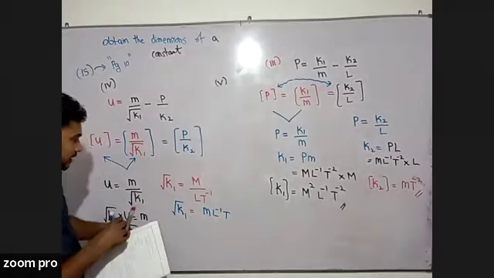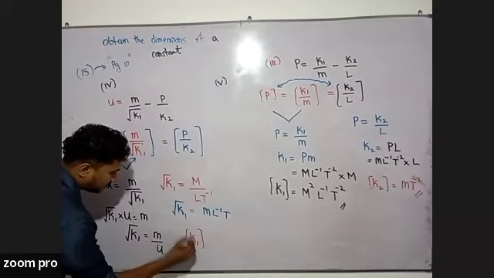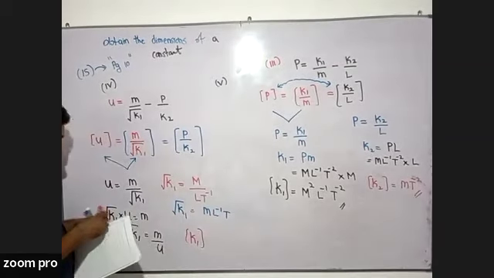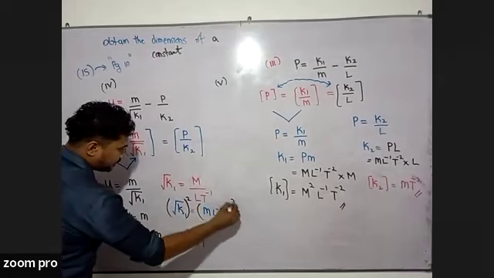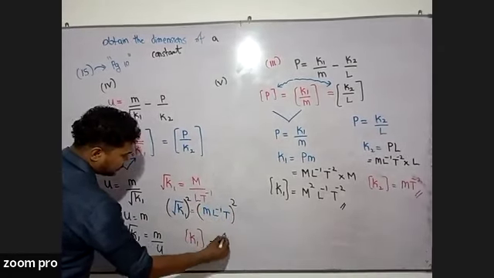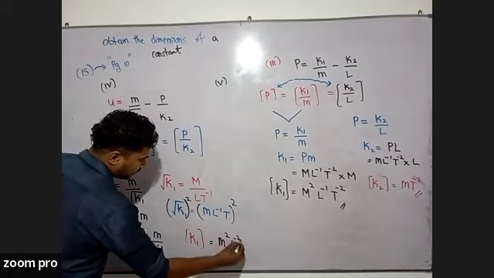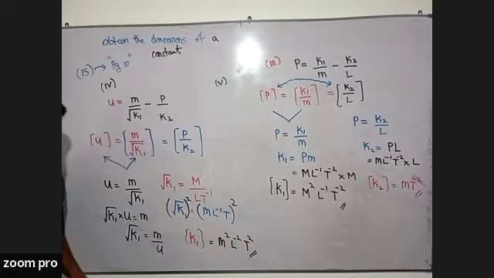So in order to obtain the dimensions of K1, you have to consider the square of both sides. So if you consider the square of both sides, then it should be equal to M squared L to the power minus 2 T to the power 2. Right, so this is the dimensions of K1.